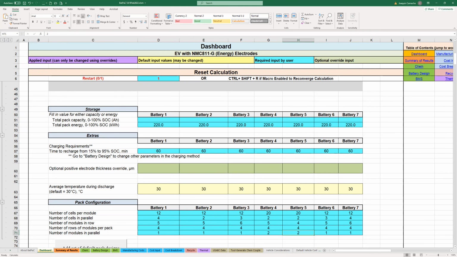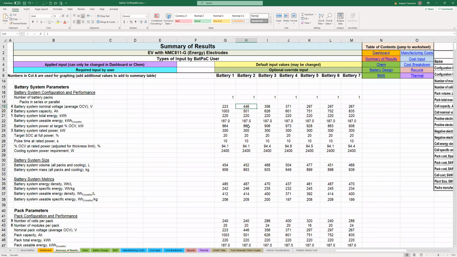So 4 and 5, go to summary of results. They're not the highest voltage. Number 4 is the highest voltage.